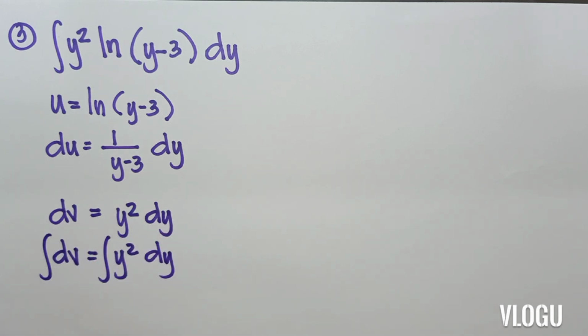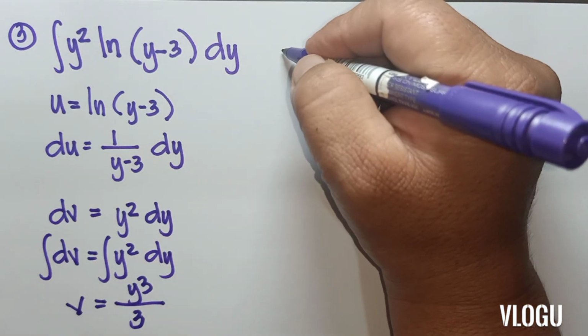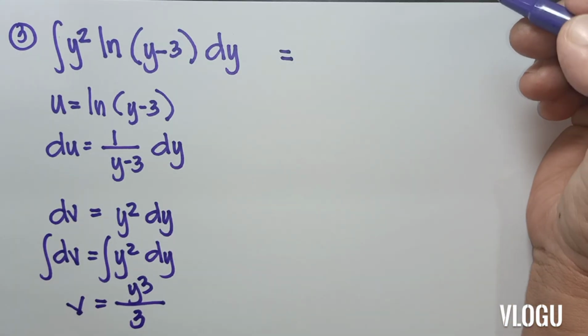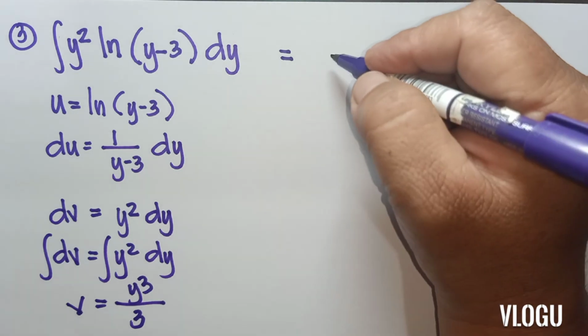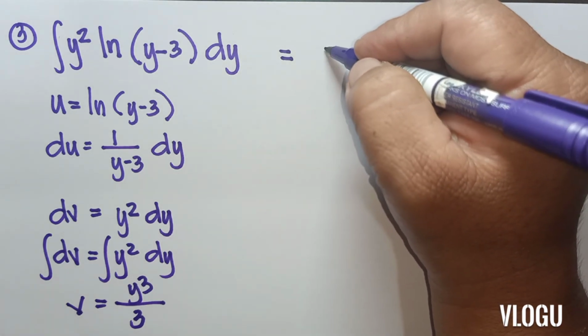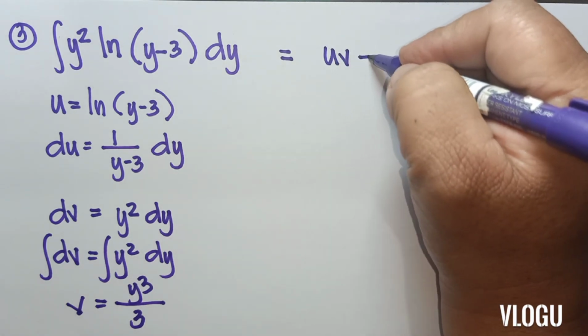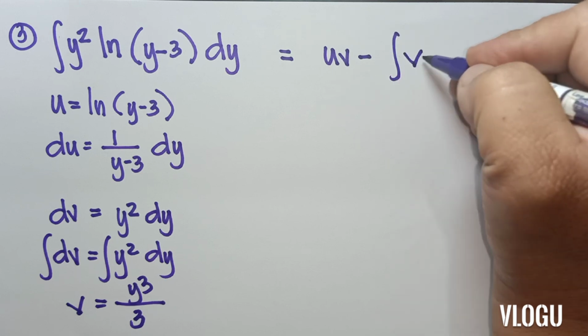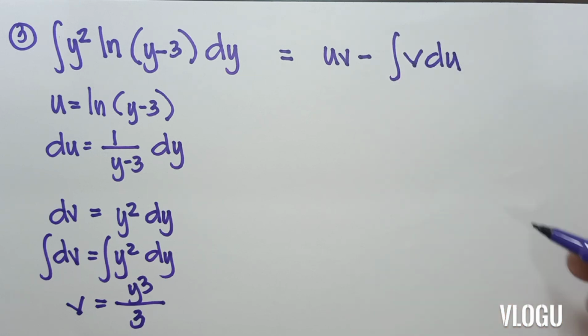Integrating both sides, we will have v equal to y cubed over 3. That's it. So from our formula, we will have uv minus the integral of v du.